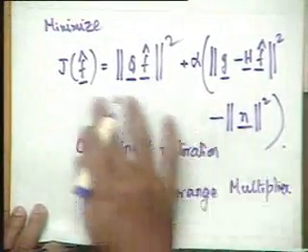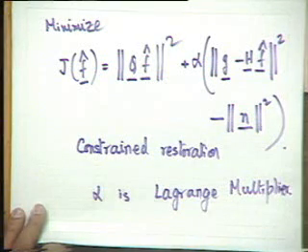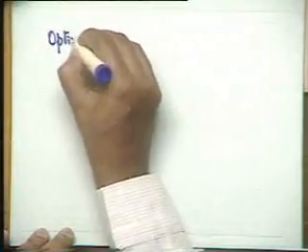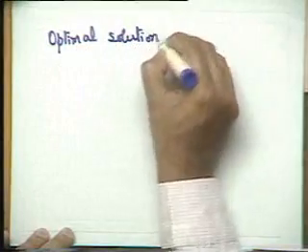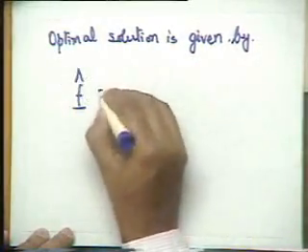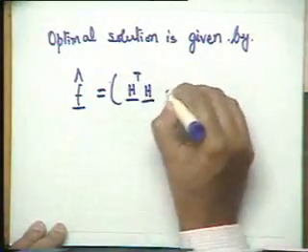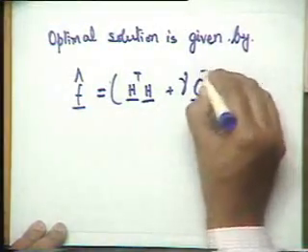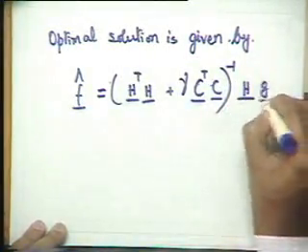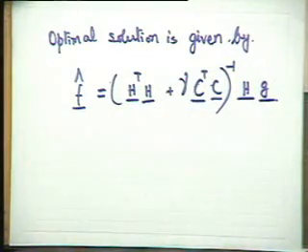Whatever optimal solution we had got yesterday, there we will be substituting Q equal to C. So the optimal solution is given by F hat equals, have a quick look at the last class notes, H transpose H plus gamma C transpose C, this entire thing inverse, times H transpose G. This is going to be the optimal solution.